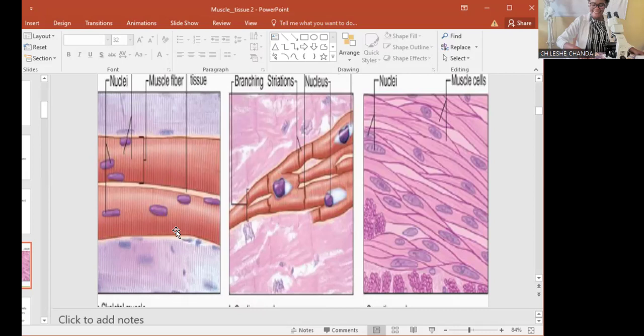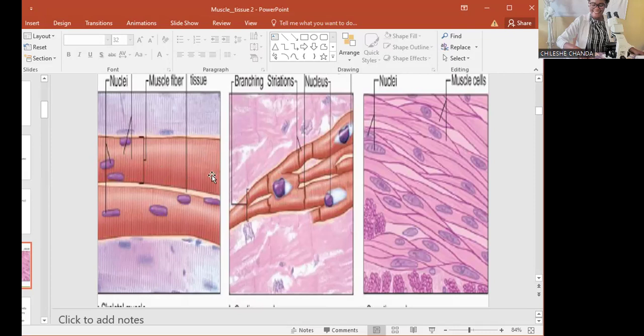So now we are talking about the properties of each of these muscle cells. So 1 is the fact that skeletal muscle is striated, okay? The second property is that skeletal muscle resembles a rod or a tube, okay?